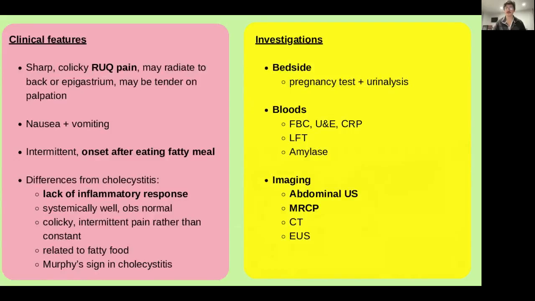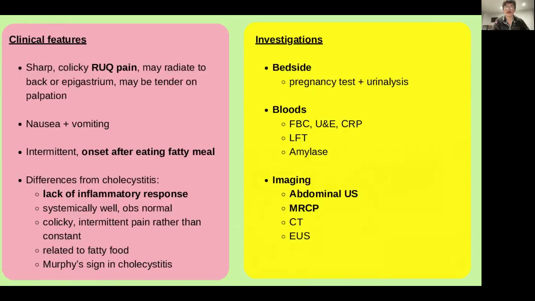Urinalysis as well, so checking for UTI. Bloods, your simple full blood count, U&Es, CRP, LFTs. Again, we've talked about, you might get a cholestatic picture, but they can also be normal. I've seen a patient this week with gallstones who've had completely normal bloods, so sometimes it's normal.